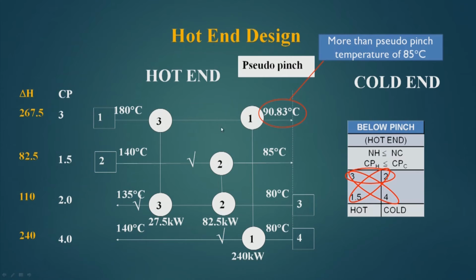Now, this should cool down up to 85 degree centigrade, and if it cools down up to 85 degree centigrade, it will contain 285 kilowatt, but as this stream will take some heat which is equal to 17.5 kilowatt to the other side, this cold end, this cannot cool down to 85 degree centigrade.